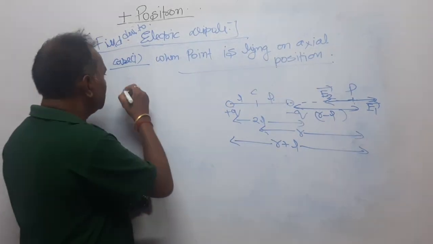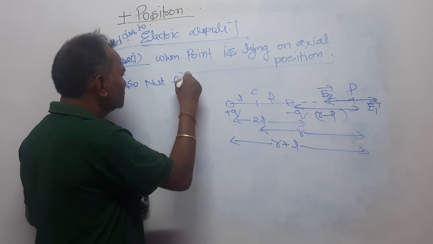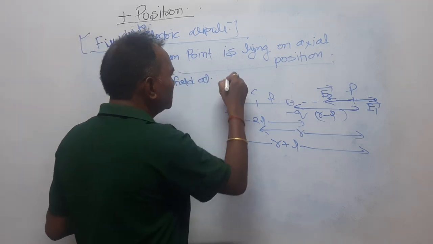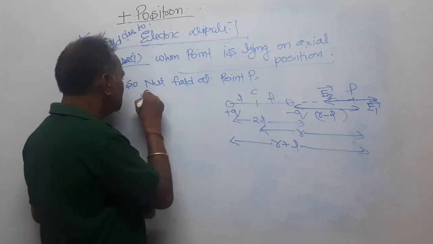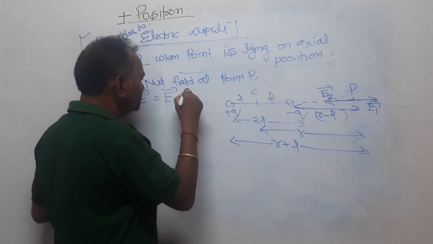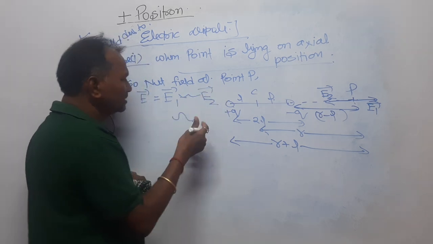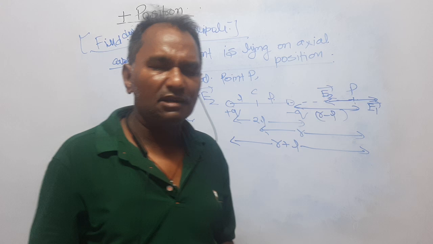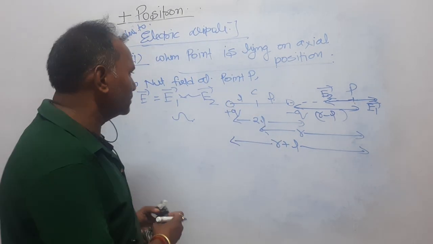So the net field at point P is equal to E1, and this sign means I am subtracting the smaller one from the bigger one. Either it is E1 minus E2 or E2 minus E1.